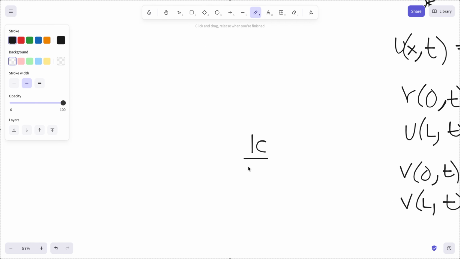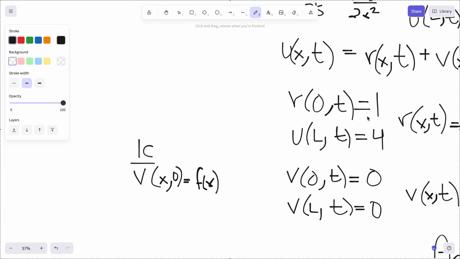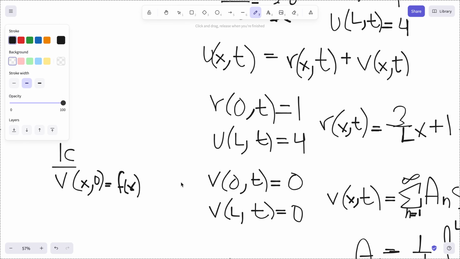The initial conditions for v of x comma 0 would be f of x minus whatever the initial conditions are for our r of x comma t, which in this case would be 3 over L x plus 1. So minus 3 over L x minus 1.